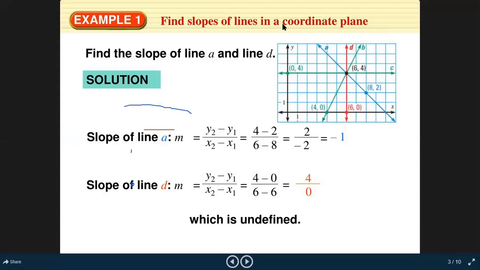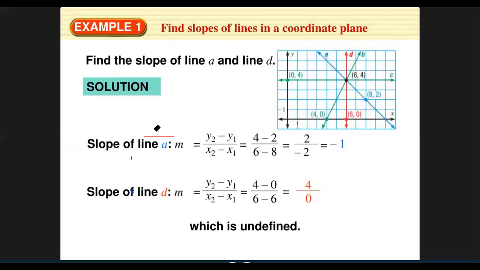In this question, we want to calculate the slope of the two lines.